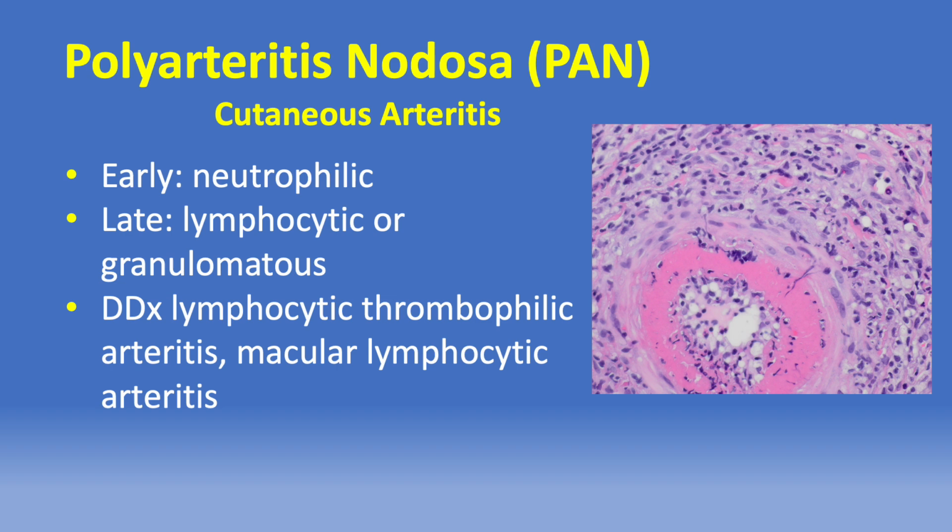And the lymphocytic stage is particularly clinically relevant in that the histology alone may be indistinguishable from other similar or related entities such as lymphocytic thrombophilic arteritis and macular lymphocytic arteritis, which some authorities equate as synonymous and in turn potentially synonymous with the sparse or mild end of the spectrum of cutaneous arteritis or cutaneous PAN.